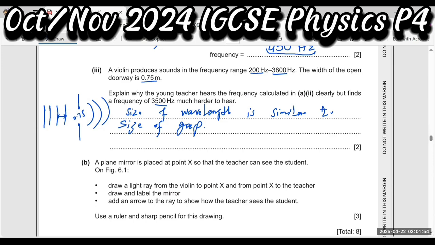So for high frequency, the wavelength will decrease. For a smaller wavelength, the gap will be large. So it will diffract less. When it diffracts less, he has difficulty hearing that sound.